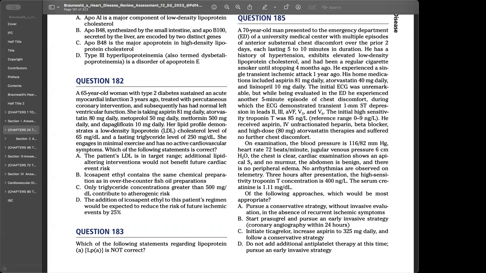Even if we are going to intervene, do a PCI, they should be on dual. So it's between B and D.